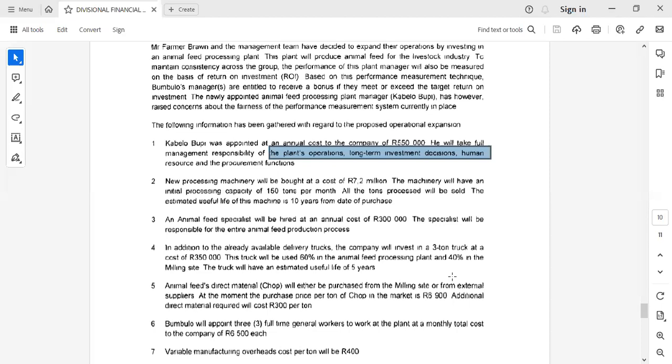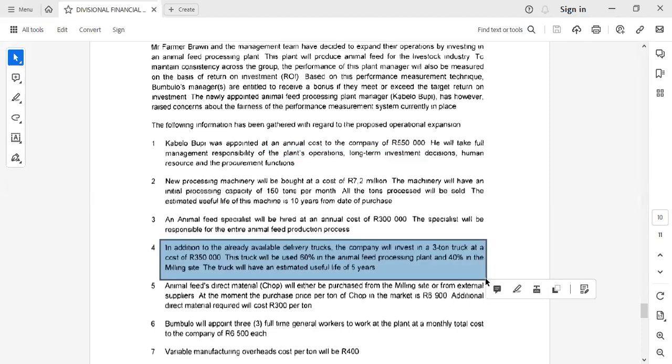In addition to the already available delivery trucks, the company will invest in a 3-ton truck at a cost of 350,000. This truck will be used 60% in the animal feed processing plant and 40% in the milling site. So the depreciation of the plant will only take the 60%, which is for the animal feed part. The truck will have an estimated useful life of 5 years.